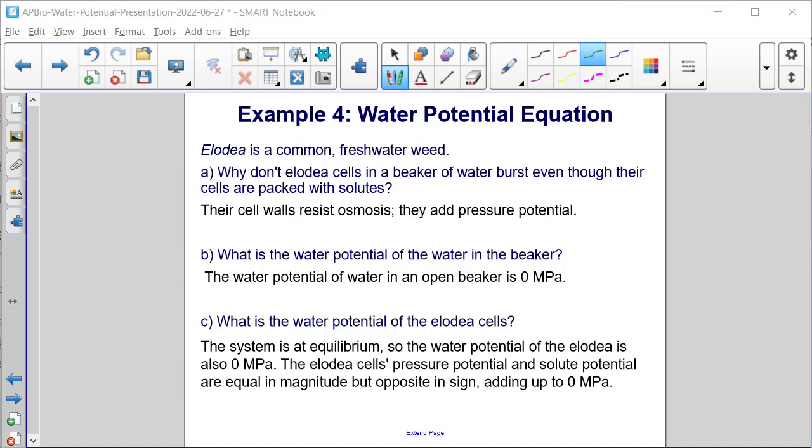And C, what is the water potential of the Elodea cells? The system is at equilibrium, so the water potential of the Elodea is also 0 megapascals. The Elodea cell's pressure potential and solute potential are equal in magnitude but opposite in sign, adding up to 0 megapascals.